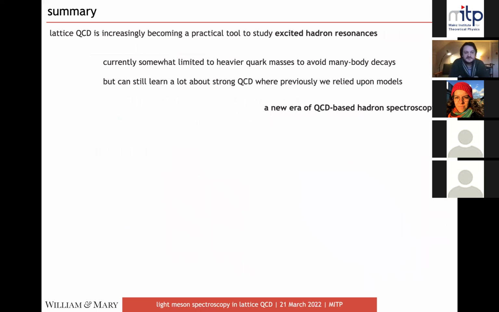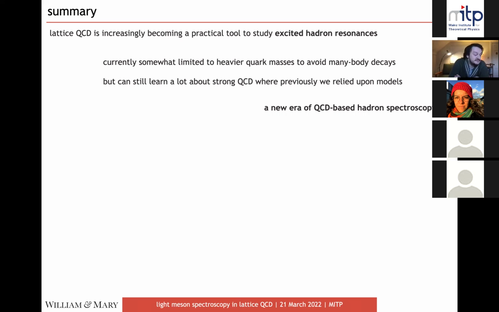So I think I've managed to keep to time, unusually for me. I hope I've given you a little bit of a flavor that lattice QCD has evolved in such a way that it's becoming a practical tool to study excited hadron resonances in a really pretty rigorous way. It's somewhat currently limited to heavier than physical quark masses, largely not for computational reasons, although that's part of the story, but mostly to avoid the resonances you're interested in decaying into many body final states where the formalism is not quite ripe yet.